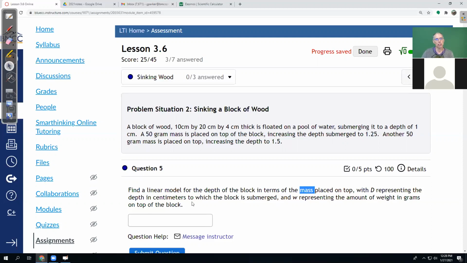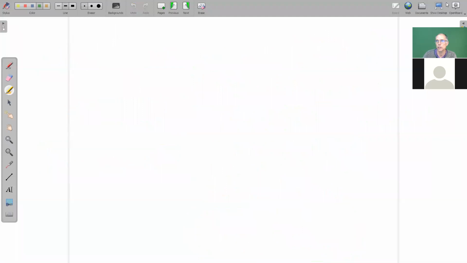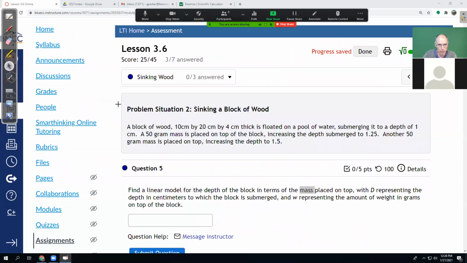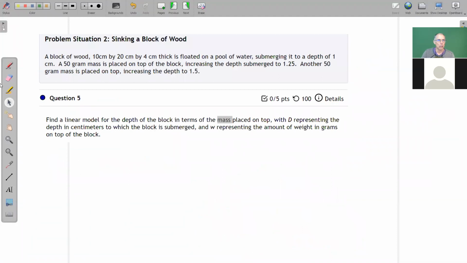Okay, let's start writing some stuff down and making some pictures. I'm going to copy it so I get the relevant information. All right, so we've got a block of wood, a piece of green wood. It's 4 centimeters tall, and then it's 10 centimeters this way.